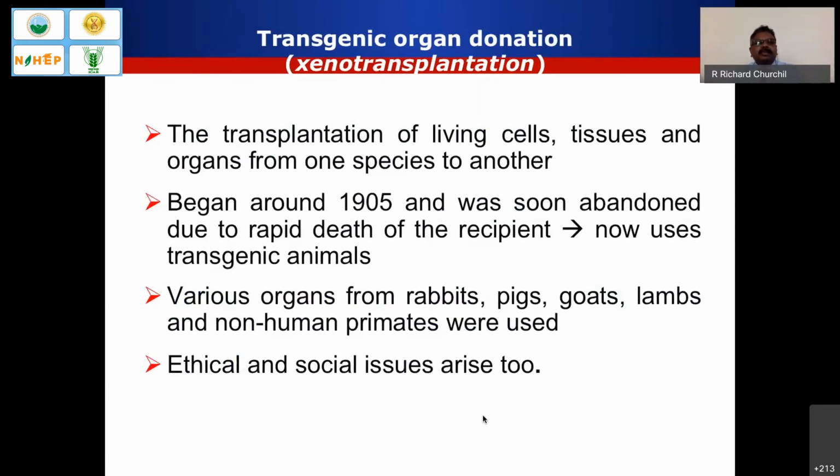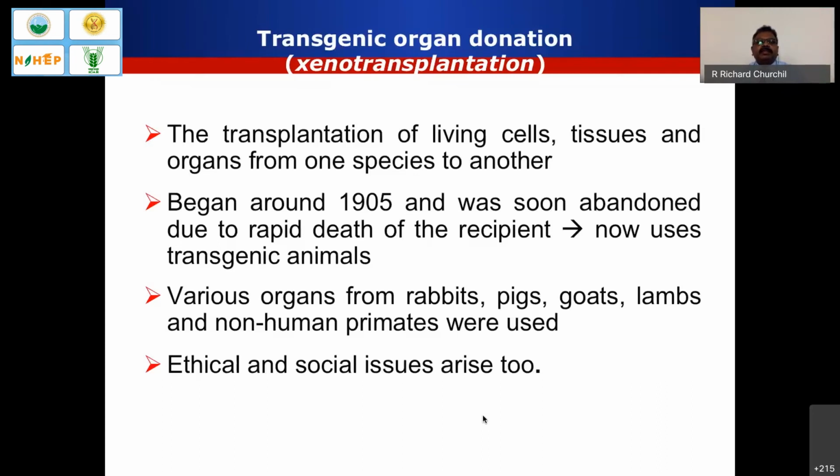Here, the pig is considered because the size of its organs is comparable to that of a human being. So research is going on to develop transgenic pigs which can donate organs for human beings.